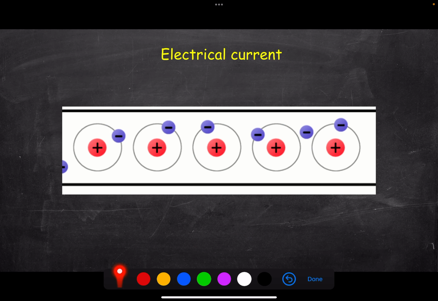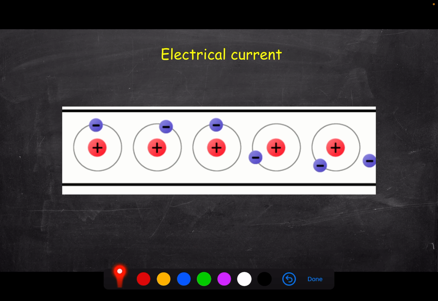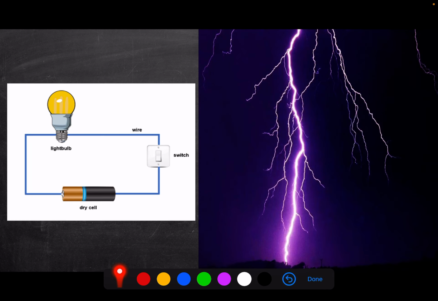And then the second type of electrical energy we have is electrical current, and that is when electrons flow in one direction and they move from one atom to the next in one direction, creating a current of electrons. The way we experience this is in our electrical circuits, right?